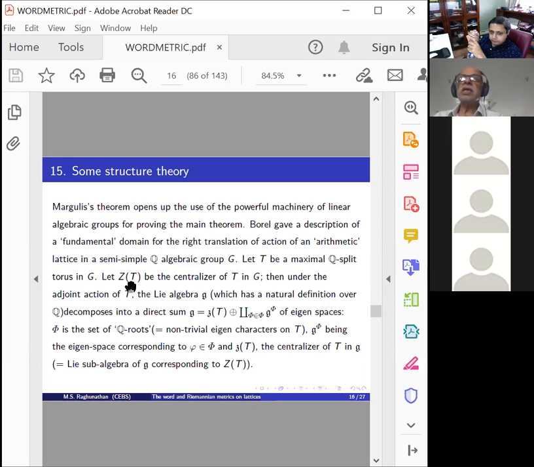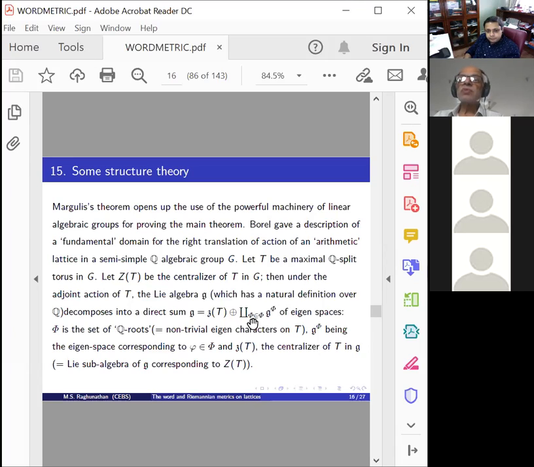Fix a maximal Q-split torus, and let us denote by Z(T) the centralizer of T in G. Under the adjoint action of T, which after conjugation consists entirely of diagonal matrices, as I said, the Lie algebra will decompose into eigenspaces for T. There will be the trivial eigenspace, denoted by Gothic Z(T), which is the Lie algebra of the centralizer Z(T) of T, direct sum with a number of other eigenspaces.